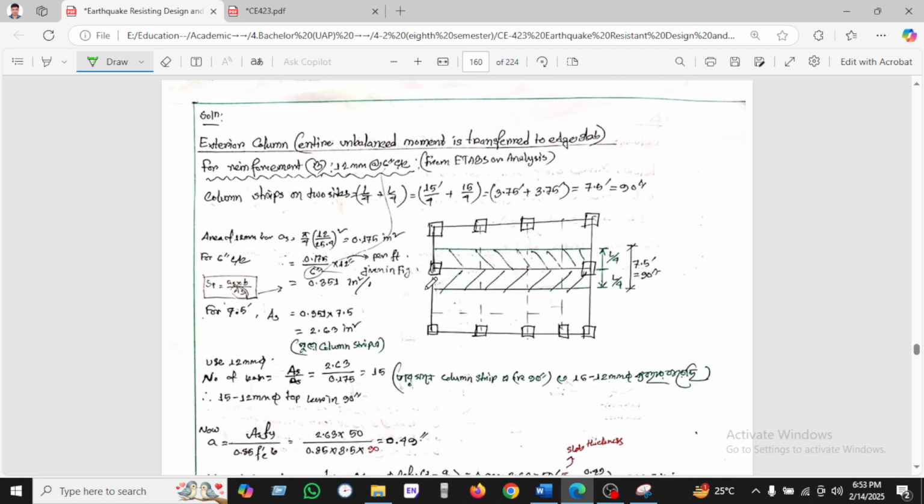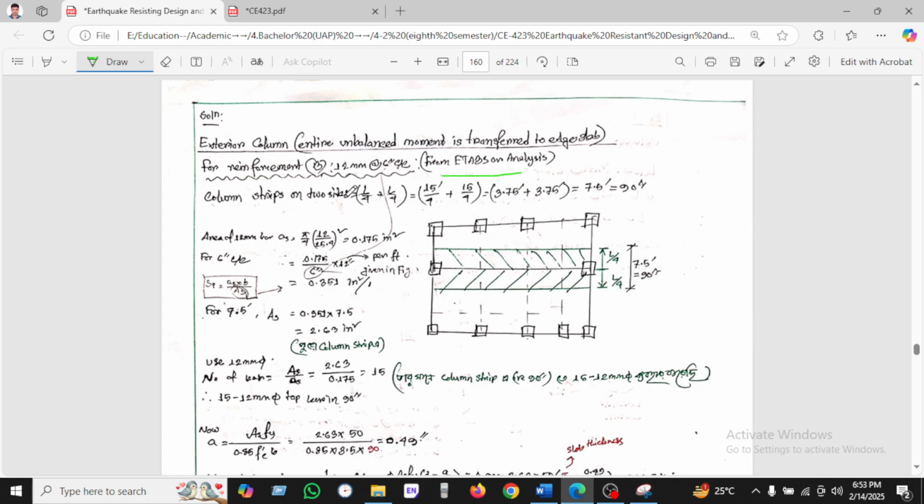Let's see here. The detailing is also given here. The exterior column entire unbalanced moment is transferred to the edge of the slab for column 12 at the rate of 6 inches center to center. This is found from ETABS or calculation.